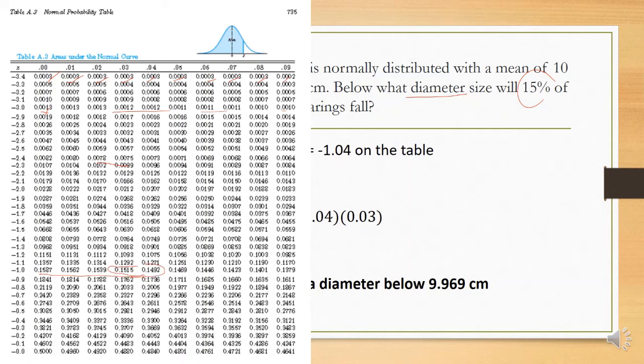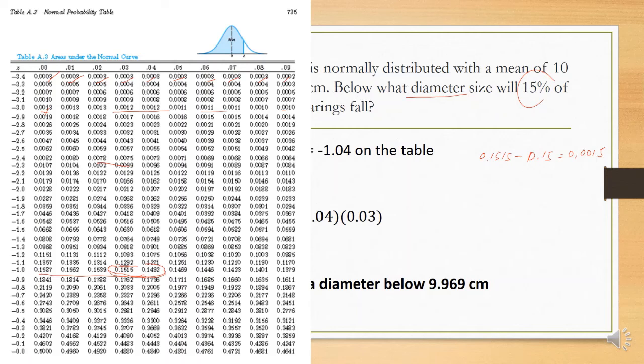No? So, ngayon, alin dyan ang ating kukunin? So, ang gagawin ninyo is, titignan ninyo alin sa dalawa ang mas konti ang difference sa 0.15. So, you have to subtract 0.1515 ng 0.15. So, that will be 0.0015. Okay?